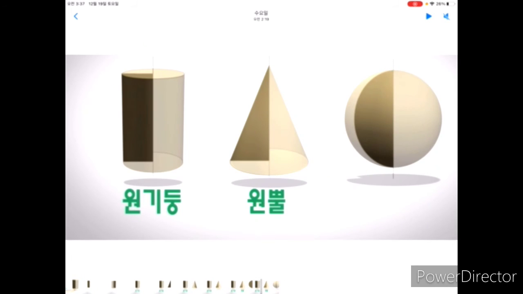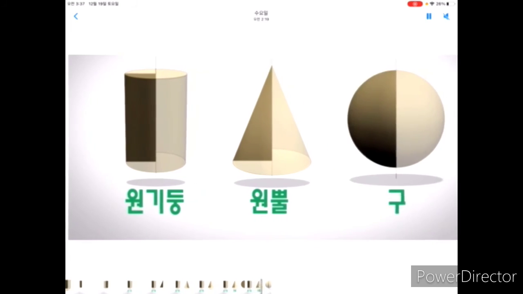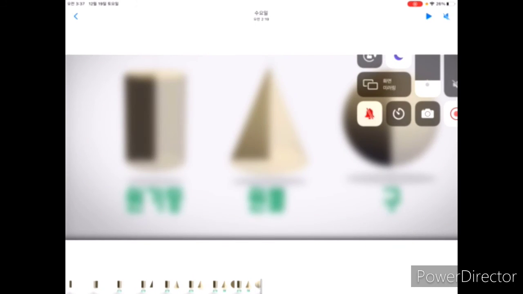What are the characteristics of these kinds of solids of rotation? The characteristic is that they have one axis and they are spun by it. Also, if we cut this, then we will see a circle, and we can't have anything other than a circle.